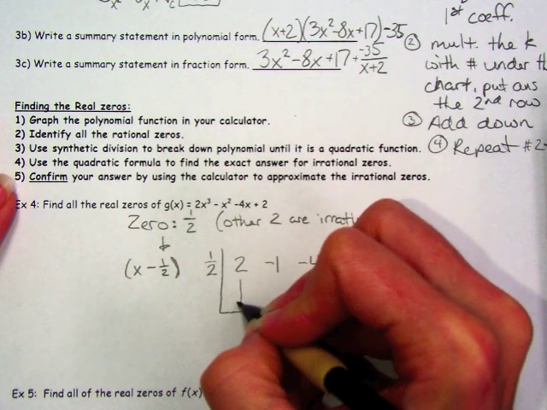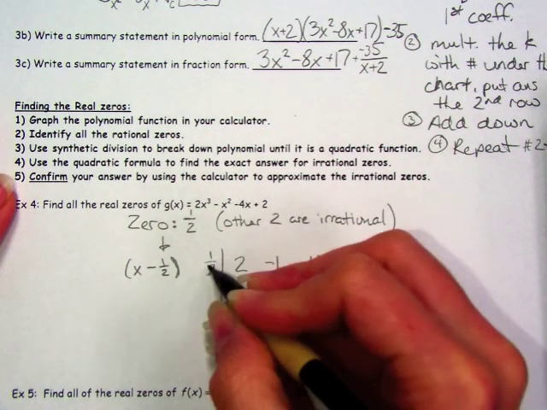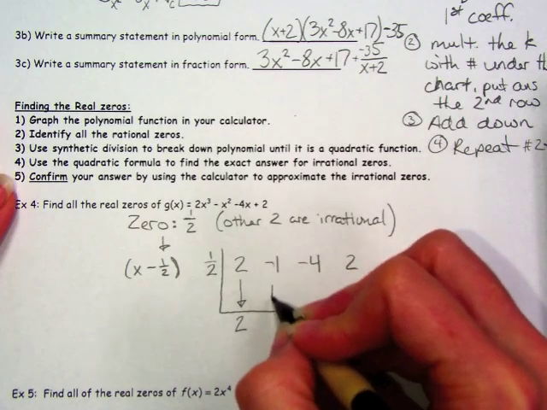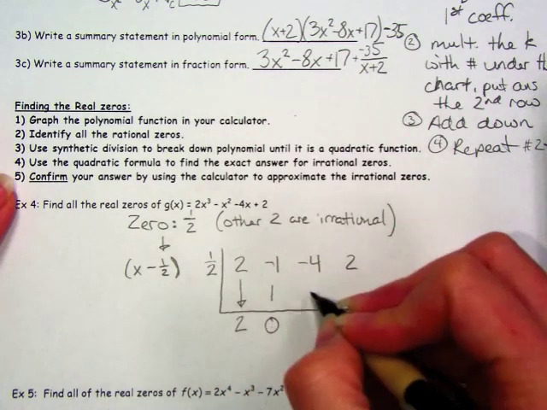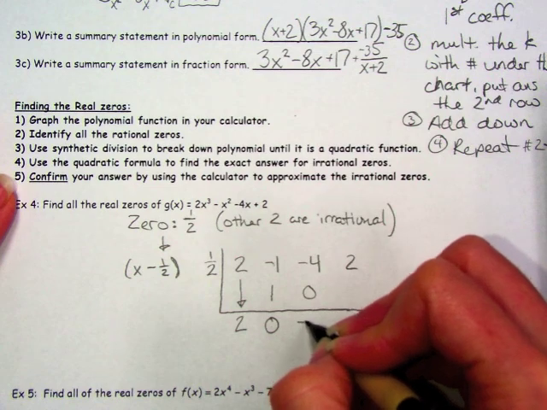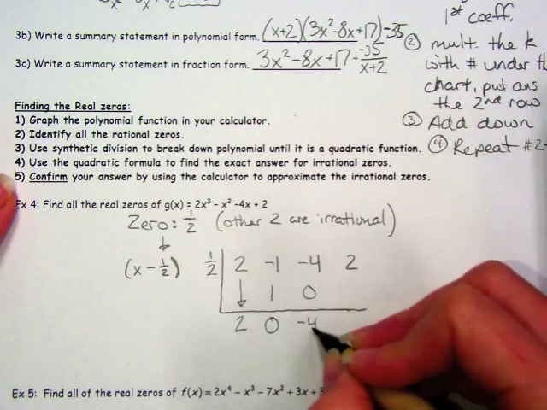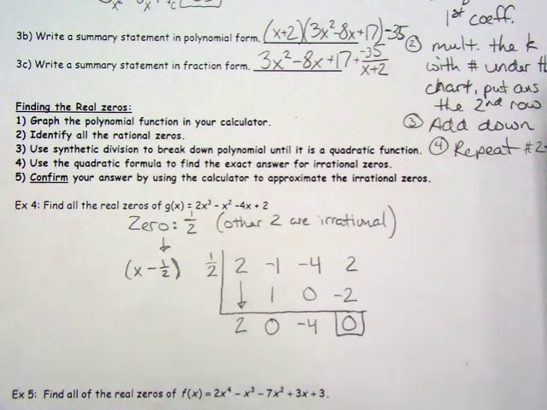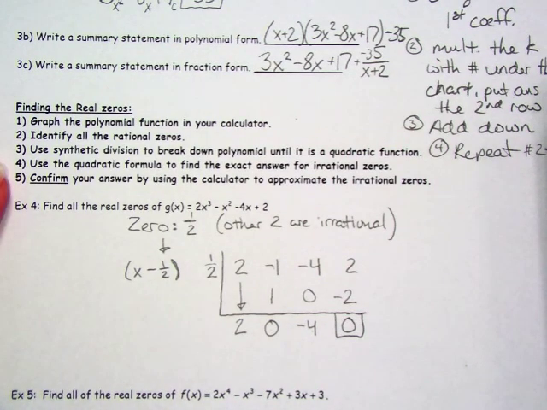Okay, first step is bring down the 2. Multiply. Add together. -1 and 1 is 0. Multiply to get 0. Add down -4. 1/2 times -4 is -2. Add down 0. Did that pretty fast because I'm comfortable with it. Hopefully you can follow that and try it on your own too to make sure you understand it.